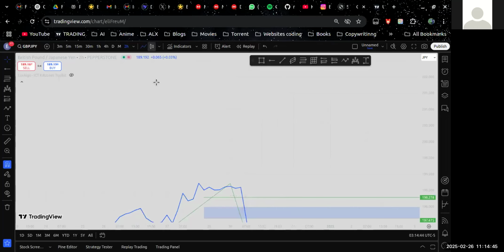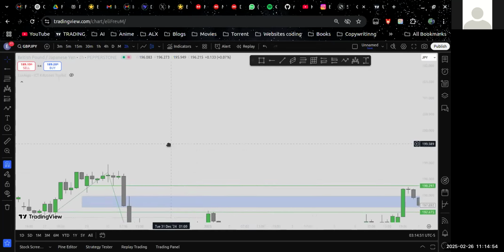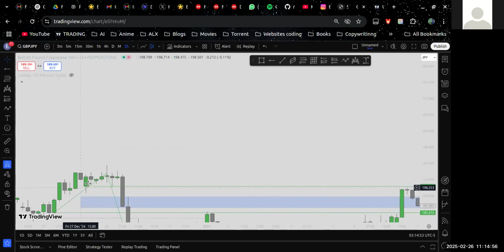This is a 2-hour time frame. I usually work on different time frames. So once it pushes to the upside, you're expecting price to come buy, but it didn't buy.